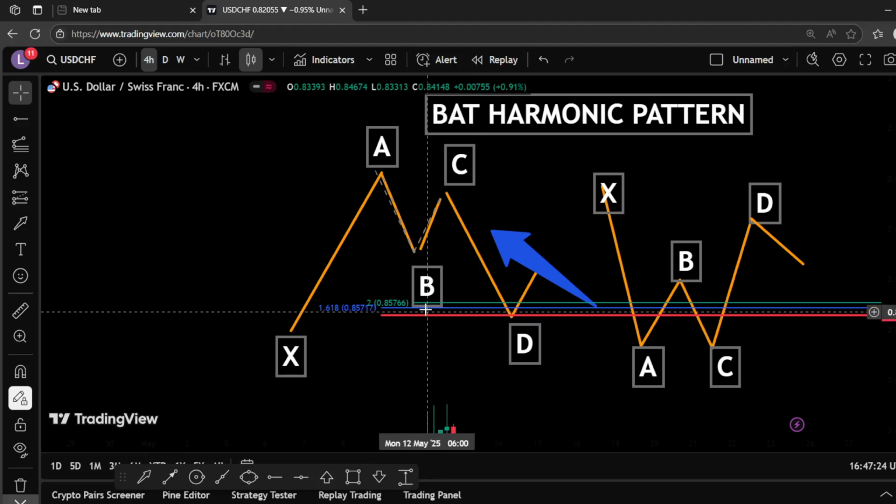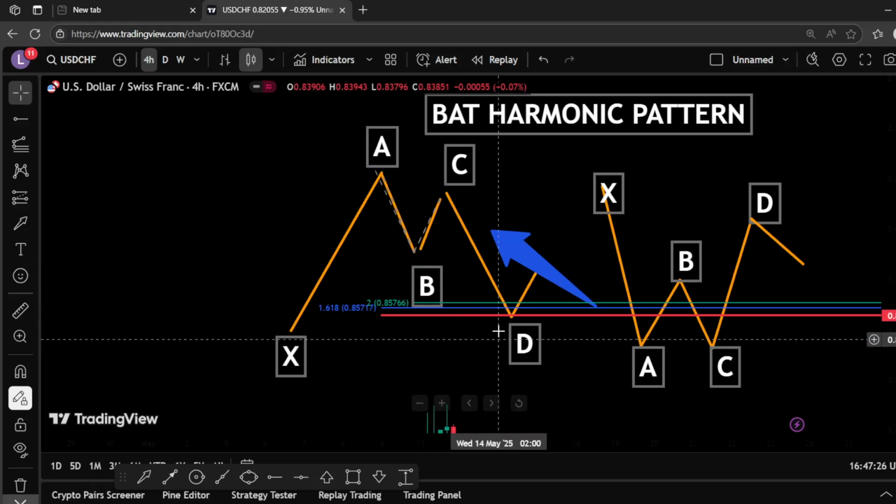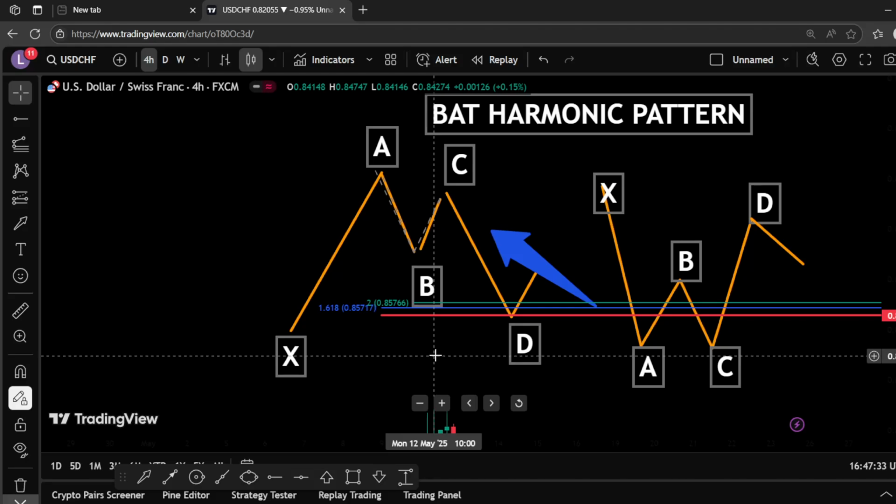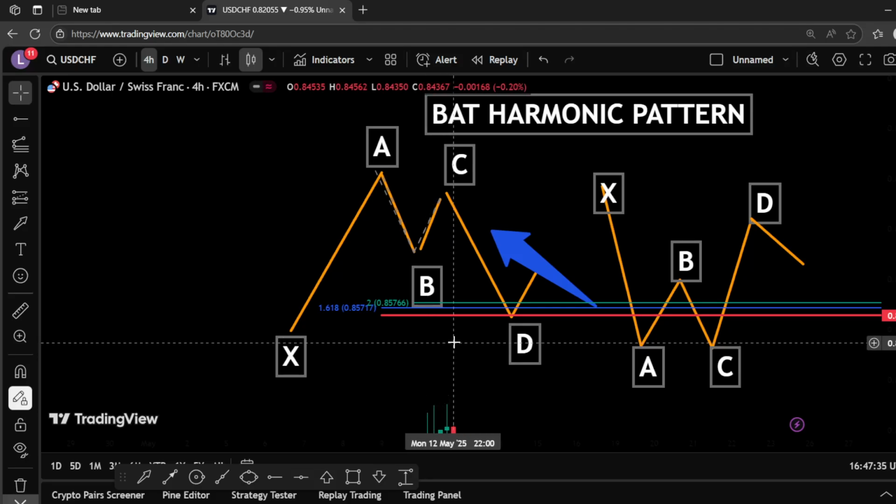Once these numbers are identified, you can wait to see a signal before you take your trade. Once you've seen your signal, you go long.